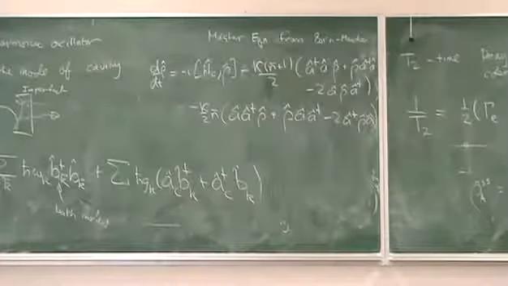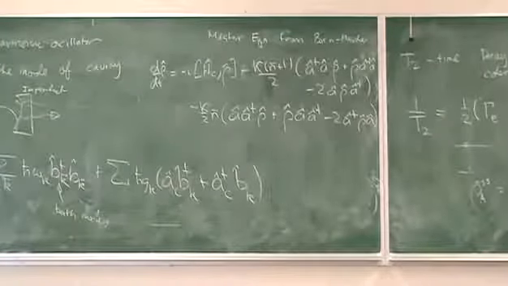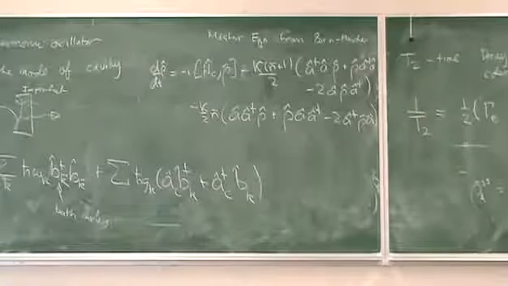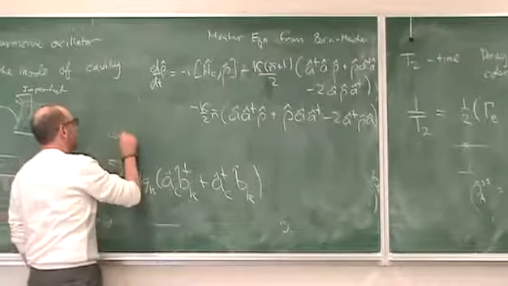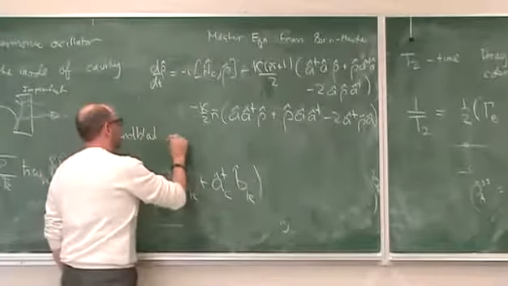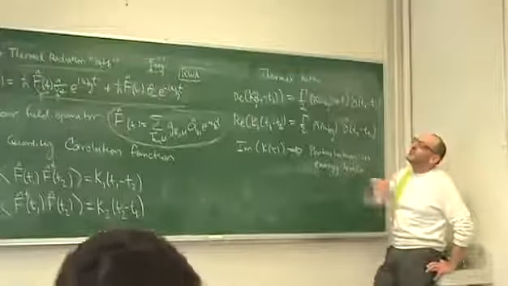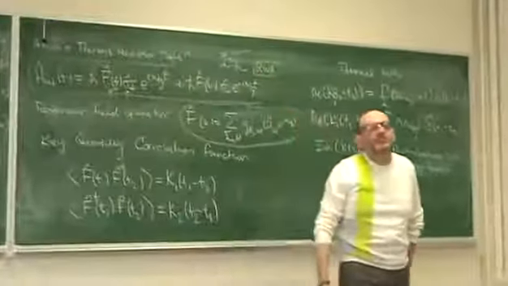So this is the master equation, a very important master equation in quantum optics that describes the damping of a simple harmonic oscillator. Once again, we have two Lindblad operators. In the presence of the bath, the energy levels of the system will be shifted.